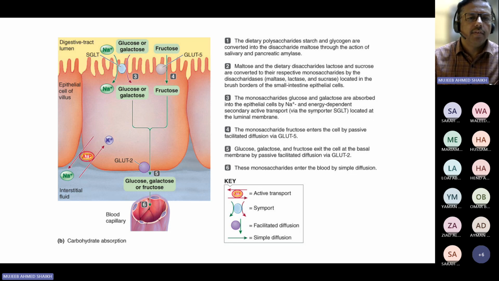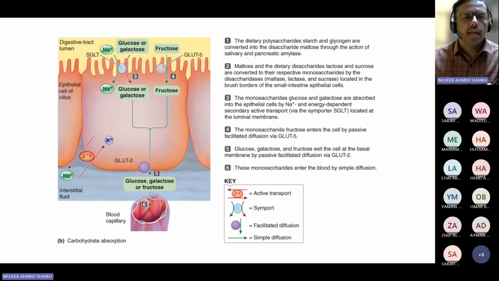Then once they are inside, sodium will be removed and thrown out of the cell through another channel, the sodium potassium ATPase, which is present at the basolateral membrane. It removes sodium out of the cell and takes 2 potassium into the cell.